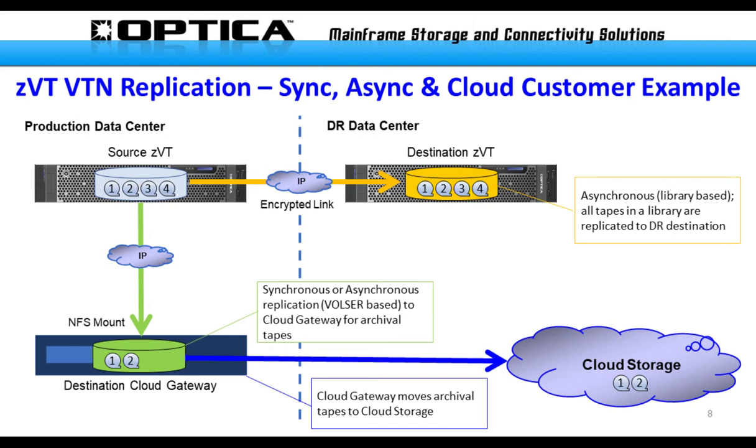On the left side here, you can see within the production data center, we have replication configured down to a cloud gateway. So in this case, the customer is configured synchronously using synchronous replication, right? Where it still is a background task, but after the tape is unmounted, the replication kicks off.